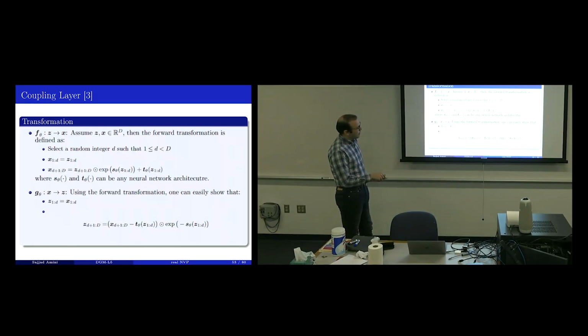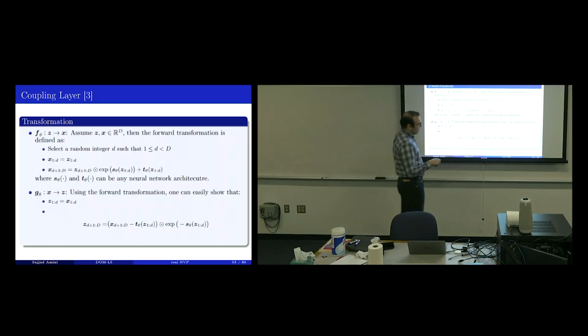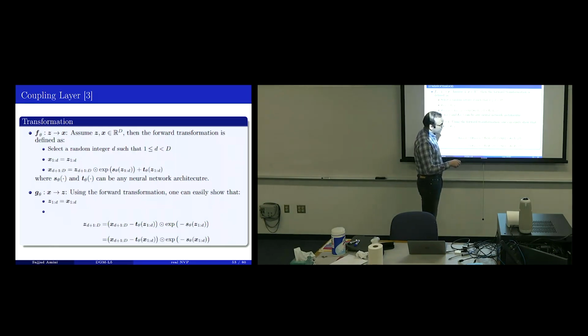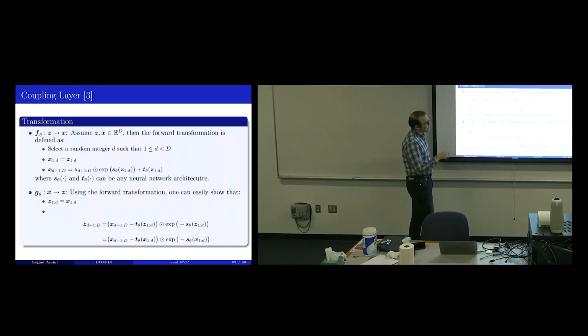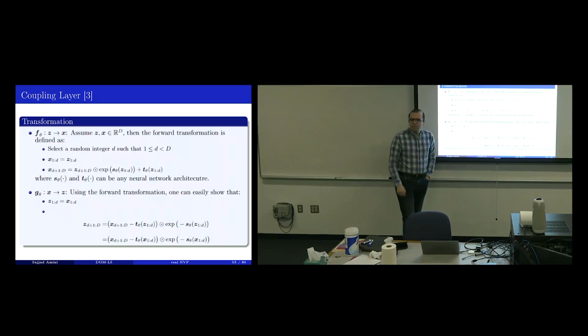But for the inverse, we need to use just x values, and we have z here. This can be solved by the fact that the first part is exactly copied. So you can replace z of 1 to d with x of 1 to d here. So you have one transformation which is just a function of what you observe, and this is your inverse transformation.